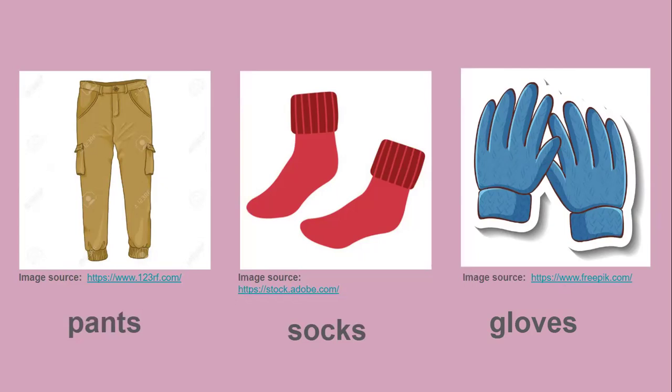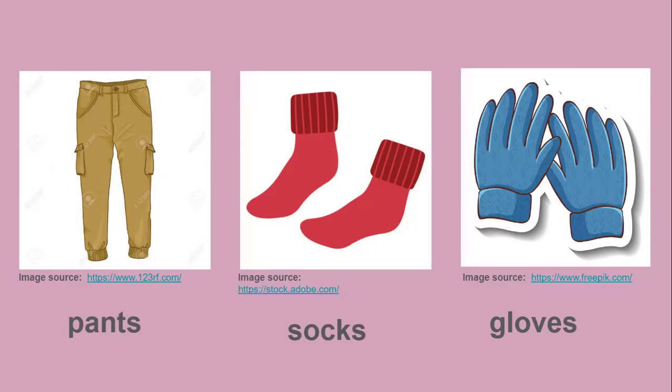Okay, so these are some of the clothing items that we have. These are the most common ones. Of course, there are other different kinds of clothing items. We can have, for example, a hat, we can have a beanie, we can have a hoodie, right?